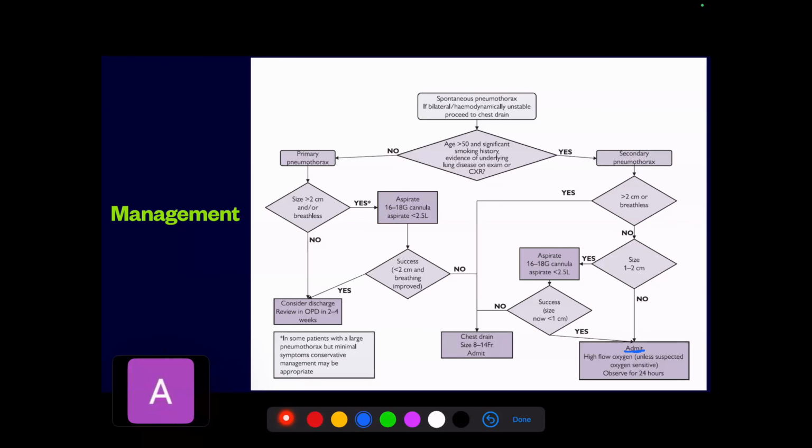If more than 2 centimeters and symptomatic patient, immediately chest drain and admission. If small size less than 2 centimeters, aspiration; if successful, admission on high flow oxygen. If not successful, chest drain and admission. Okay, very good. I think it is clear now, yeah? Any confusion from the floor?